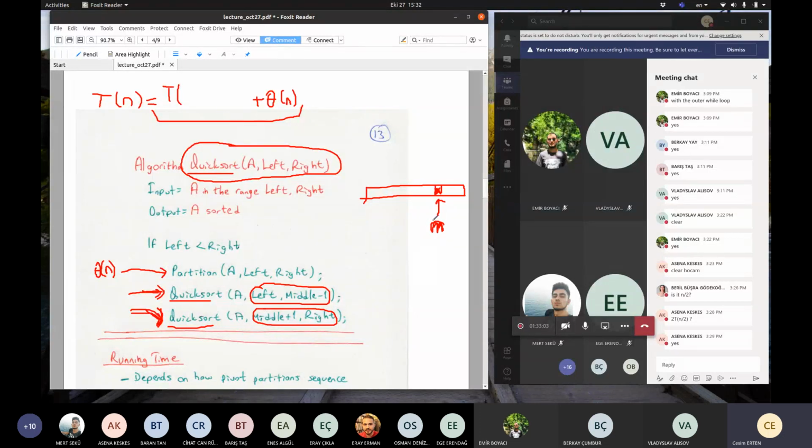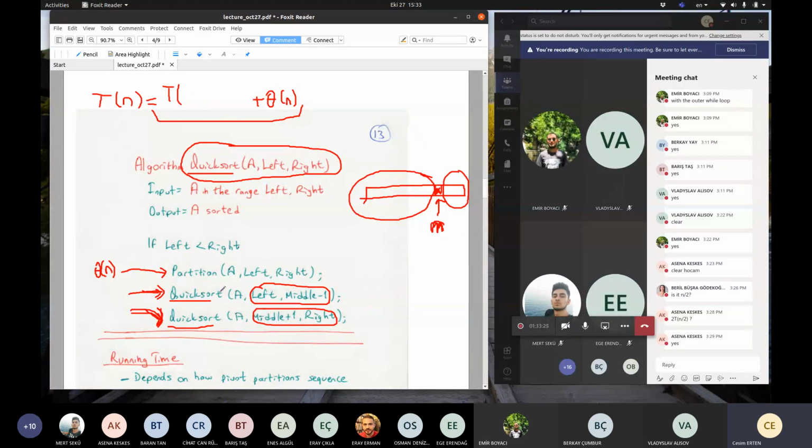If m is the index of the pivot value, this means that after the partition, the array is divided into two parts: one consisting of m elements, the other consisting of n minus m elements.